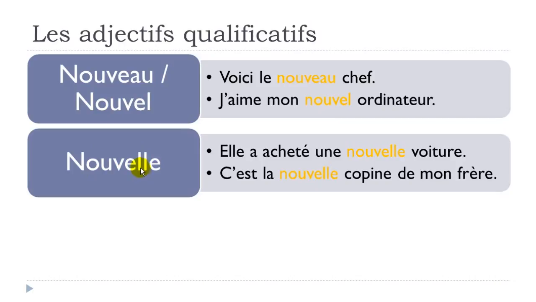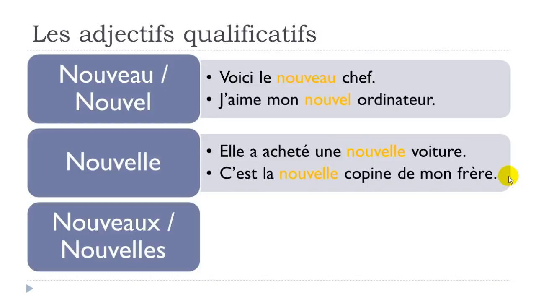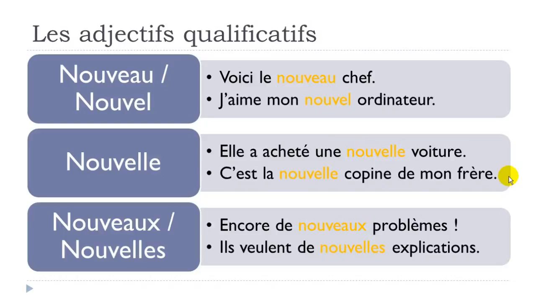For the feminine version it's quite easy because it doesn't change. Elle a acheté une nouvelle voiture. C'est la nouvelle copine de mon frère. And then for the plural form, encore de nouveaux problèmes.